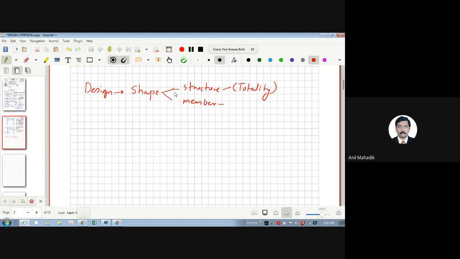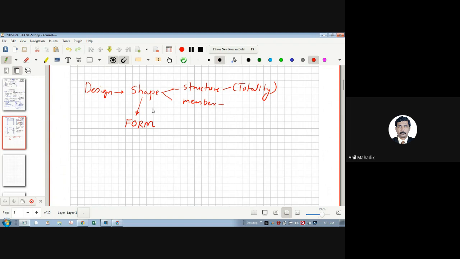This shape has one good terminology, that is nothing but the form of the structure. This word is very important, generally from the architectural point of view. They use form as a good word.